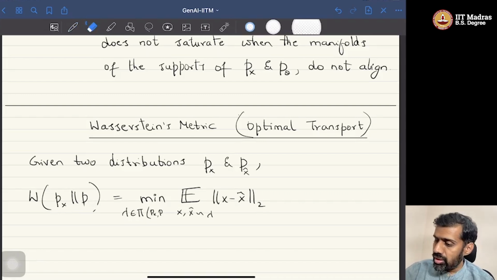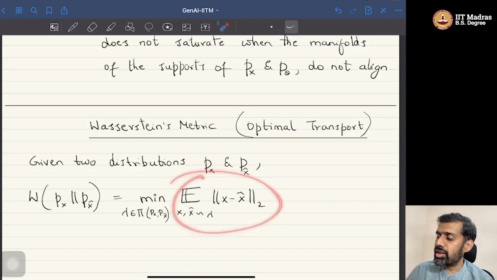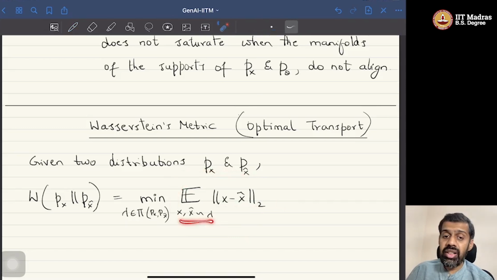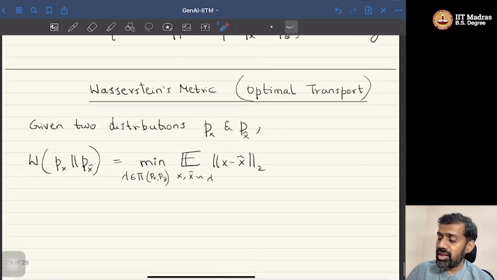So given two distributions px and px cap, the Wasserstein's metric is defined as the minimum of the expectation of the distance between x and x cap, where the expectation is with respect to the random variables drawn from a joint distribution between x and x cap, and the optimization that we are solving here is with respect to all possible joint distributions between px and p cap. So let me define that.